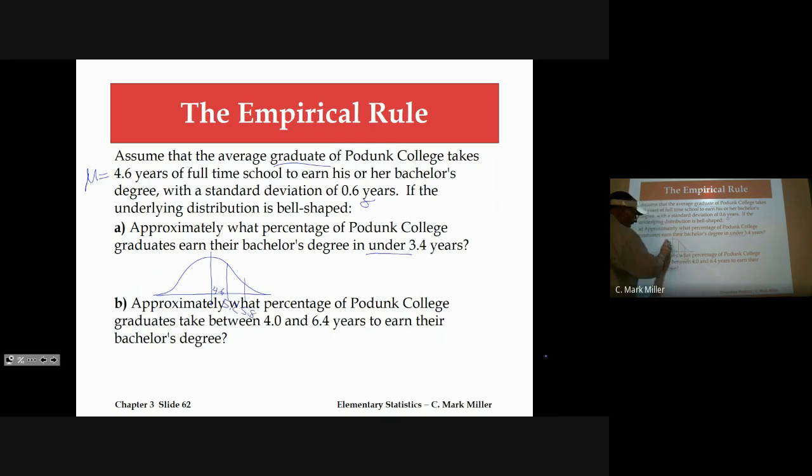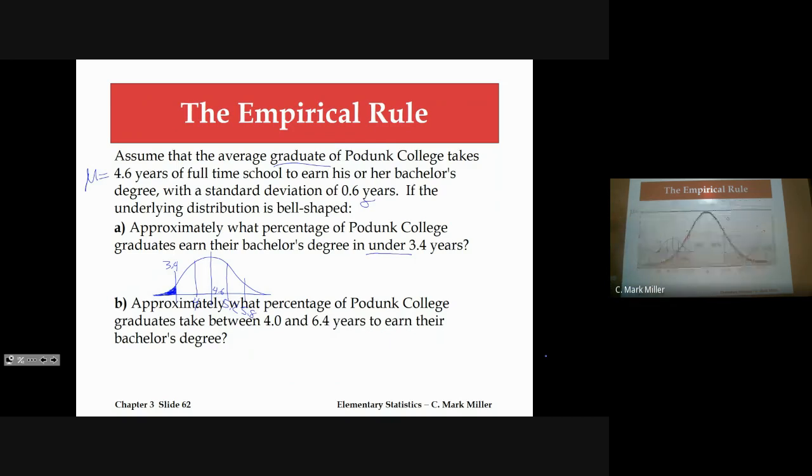If I go down one, I'm at 4. I go down another one, I'm at 3.4. So they want to know what percentage earn their bachelor's degree in under 3.4 years. So they want to know how much area is under the curve right here, right? How much area is there?